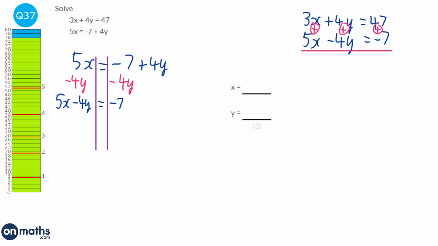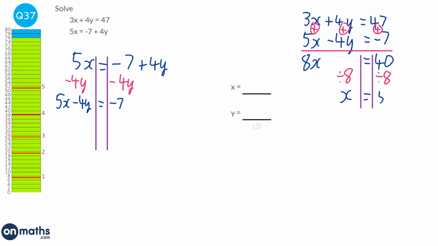We're doing 3x plus 5x, which is 8x. 4y plus minus 4y is nothing, which is good, because we want to get rid of that. And 47 take away 7 is 40. Let's put our solving lines in, and we're going to divide by 8 both sides.